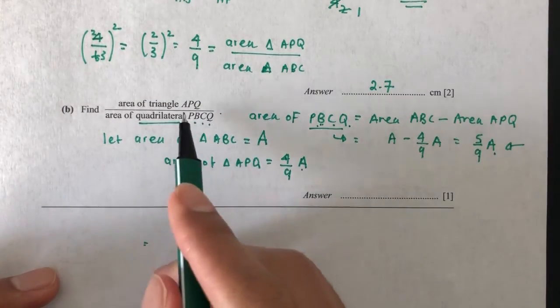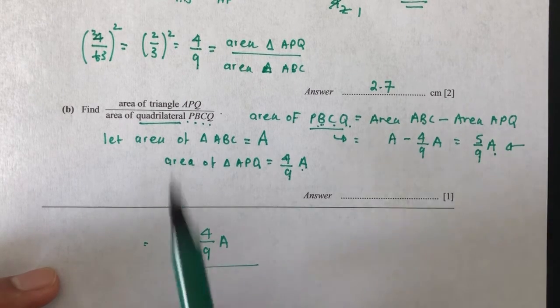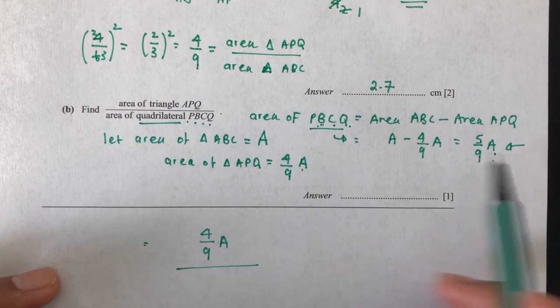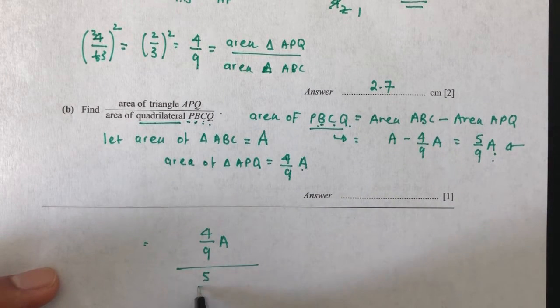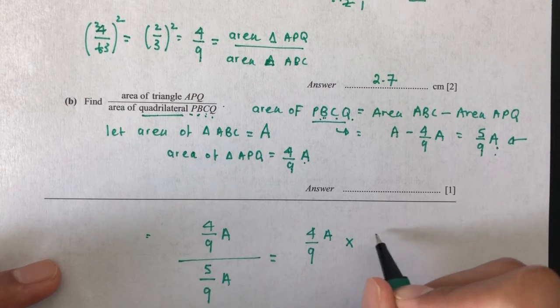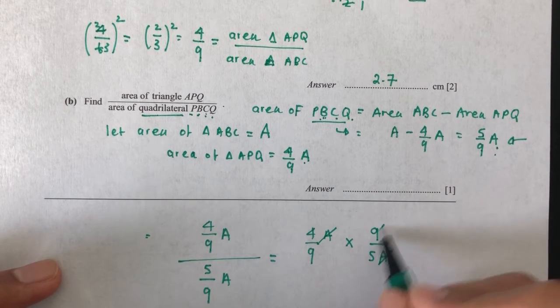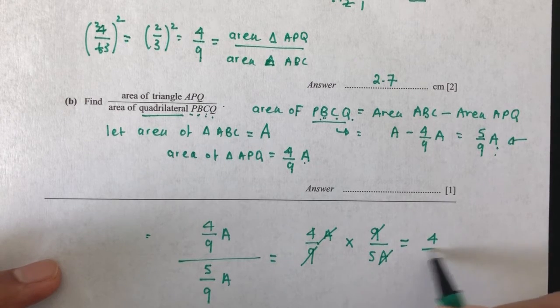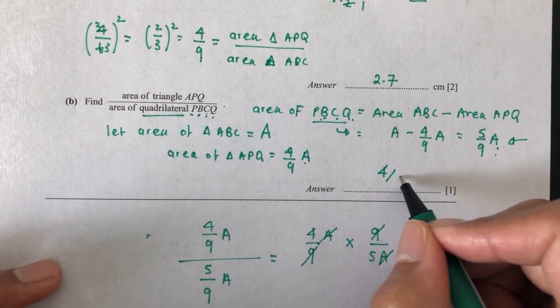So we have to find the ratio of the small triangle, 4 over 9A, divided by the area of the quadrilateral PBCQ, which is 5 over 9A. This is equal to 4 over 9A times 9 over 5A. So A, 9, 9 cancel. So the answer will be 4 over 5. So answer for part B is 4 divided by 5.